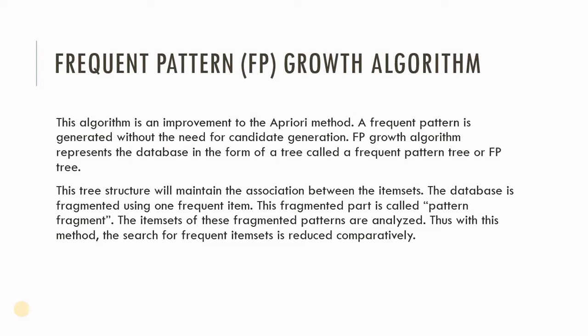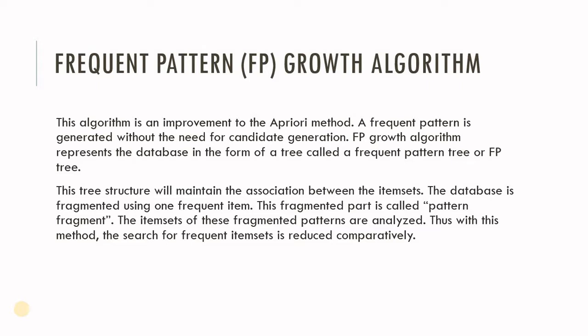The FP growth algorithm represents the database in the form of a tree called a frequent pattern tree, or FP tree. Based on that tree, we can say which are the frequent item sets.